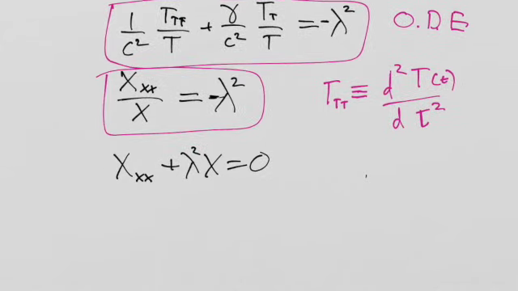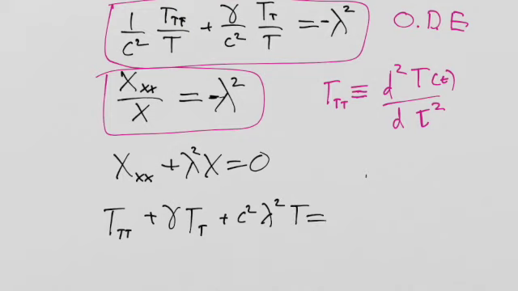And the same is true for t, right? If you blow up the differential equation for t, you get t double prime, let's see, plus gamma t first derivative plus, what do you get? You get c squared lambda squared t equals 0, right?